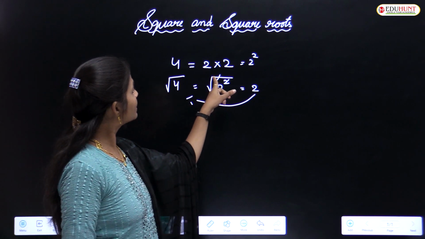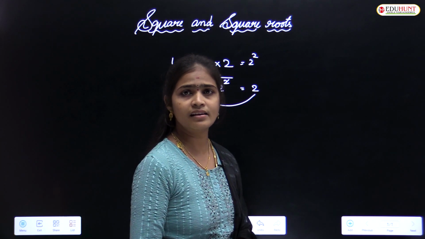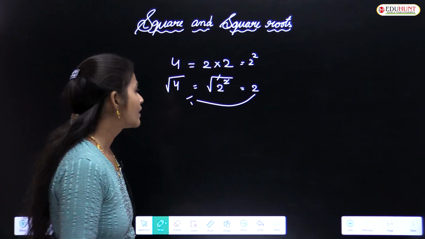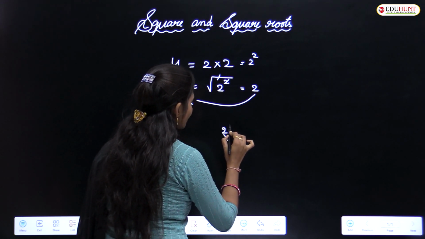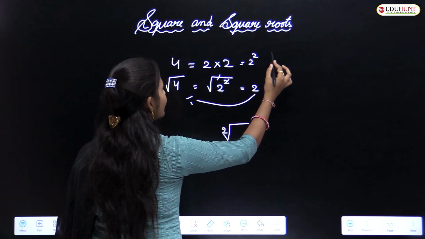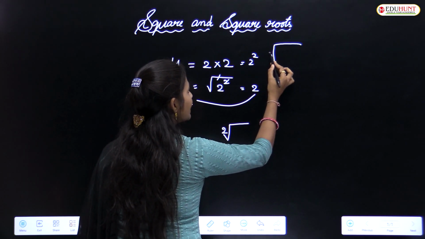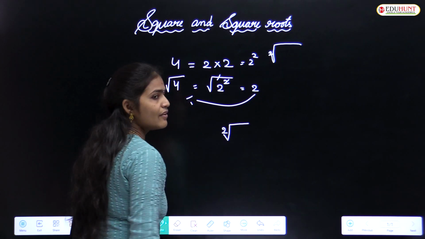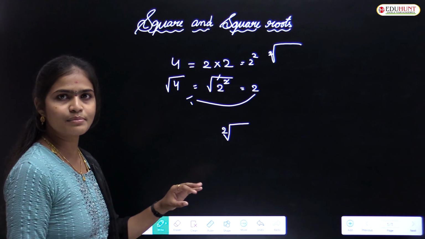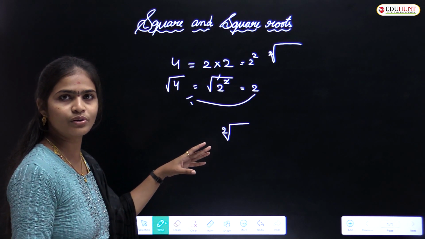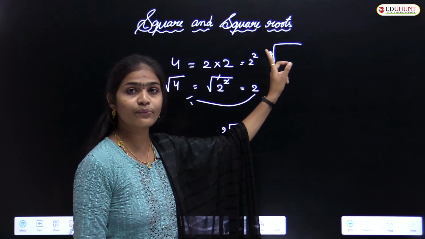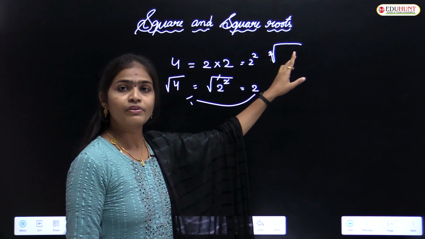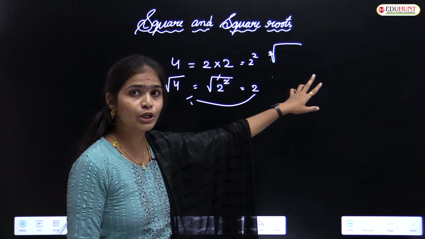Why, madam, do the square root and square get cancelled? What is the reason? Here, the square root symbol is written like this. When nothing is written in the index, we take it as 2, at the place of n. That's why we call it a square root. For example, if 3 is there, that is the cube root.